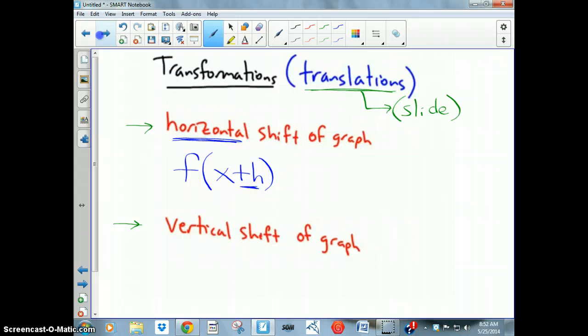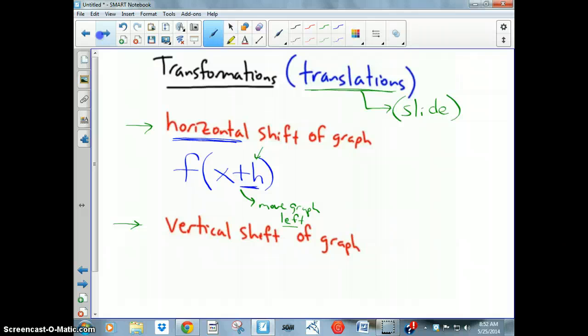Plus h will move the graph left however many units or however big h is. Now this works opposite of what you think. Plus you normally think move to the right, but it doesn't work that way. In this case, plus will move to the left.